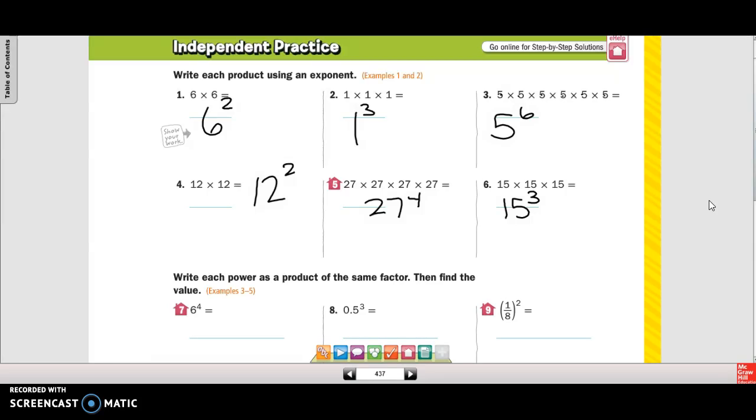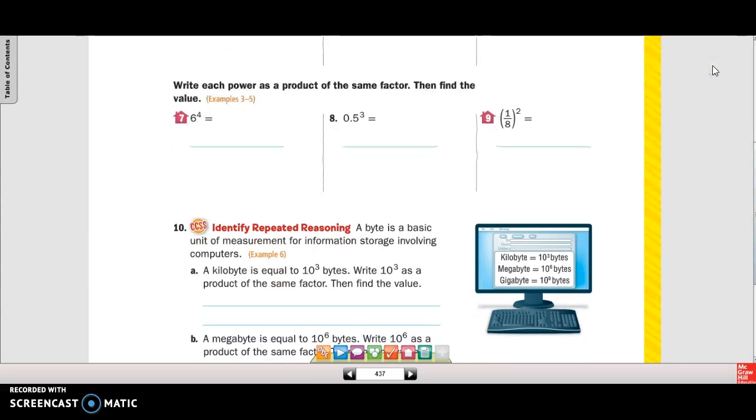Okay, now we're going to get down to the harder part because now we actually not only have to write it out, we have to solve it then. So we have 6 to the 4th. That means I'm going to multiply 6 4 times. So 6 times 6 times 6 times 6. Let's break it down. So we have 36 here and 36 here.